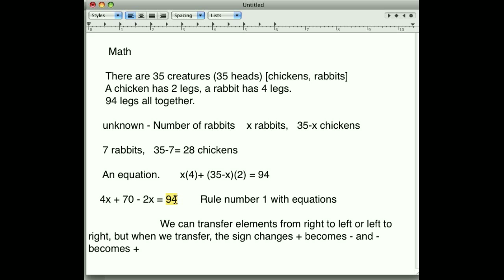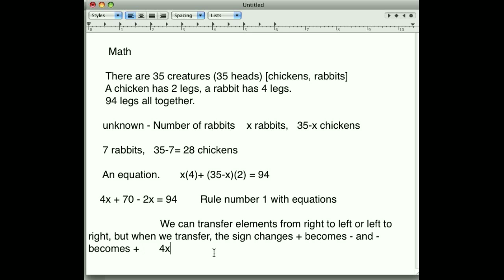So in order to solve this equation, we need to put all the X's here and all the numbers here. So in order to accomplish that, we will take the 70 and we will move it to the other side, to the right side of the equation. But when we move it to the other side, it becomes minus 70. So now we can write the equation as follows.